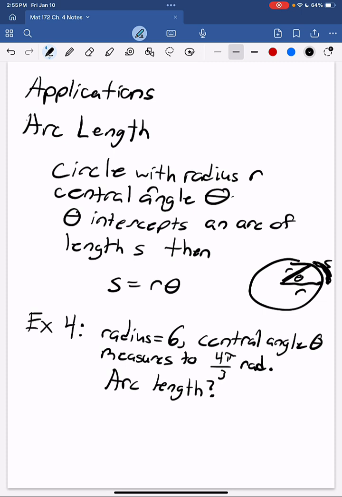Find the arc length. We want to find s. So s would be equal to 6 times 4 pi over 3. Plug that in the calculator. It does equal 8 pi. If you plug it in the calculator, you would find that this circle would have an arc length of approximately 25.1 units.